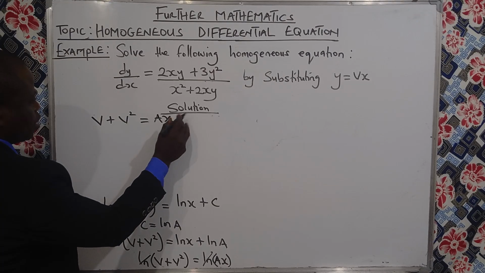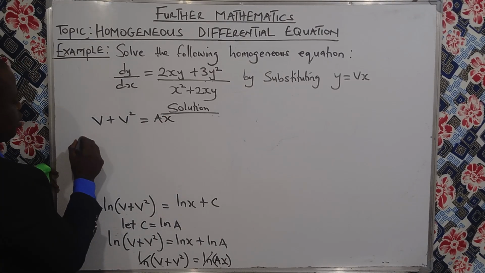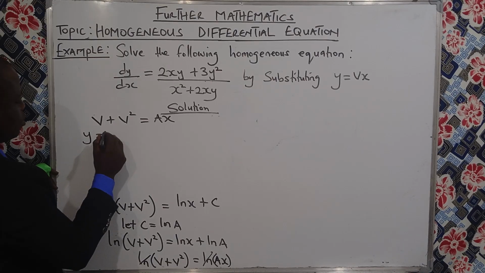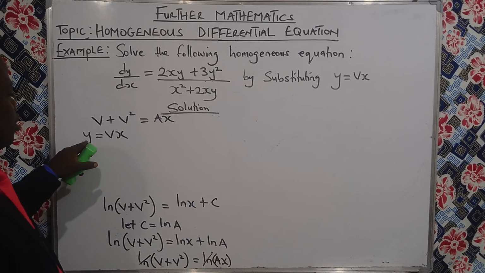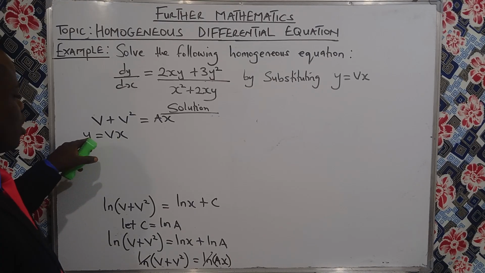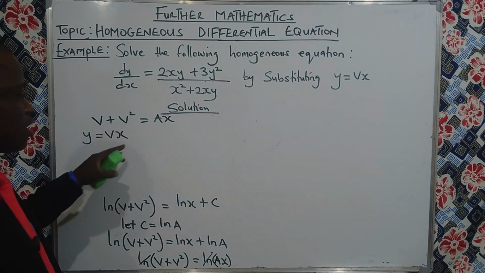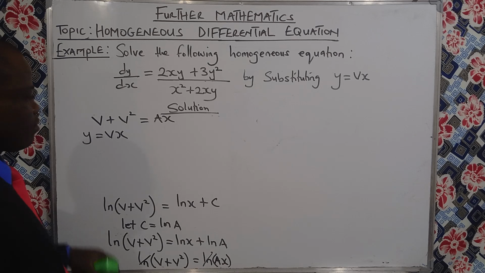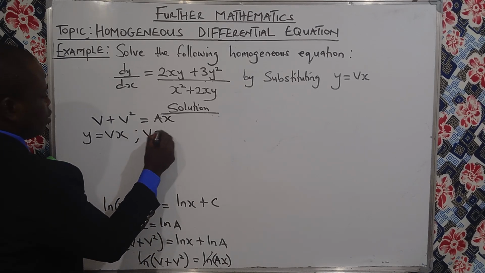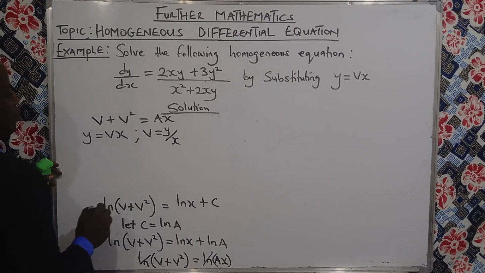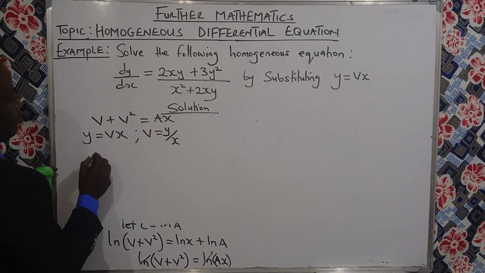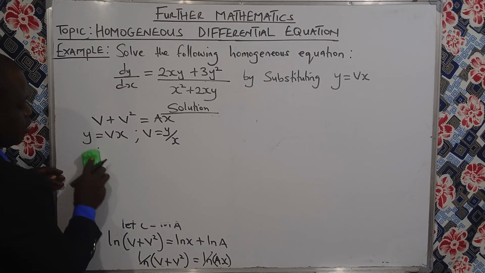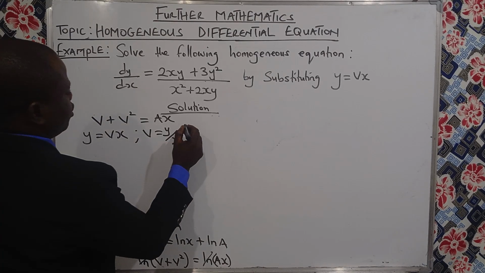Then, recall that y equals vx, so let's make v the subject of the formula so that we can replace our expression and have it in terms of y and x. Now v equals y over x. Let's call this equation 3.